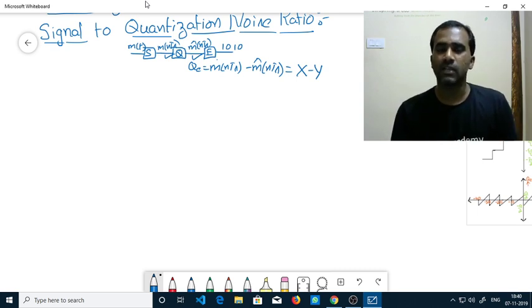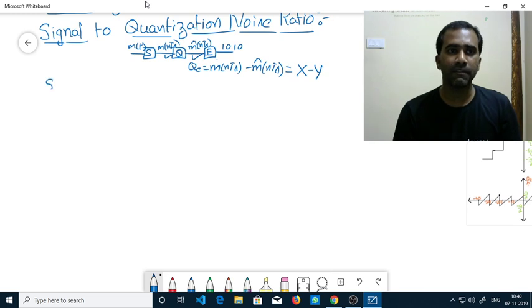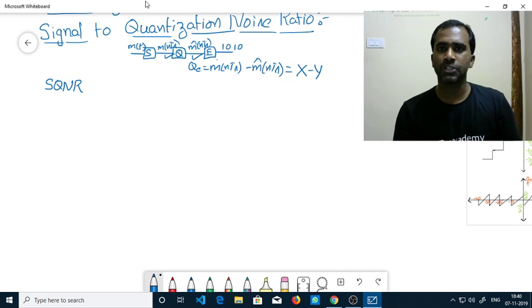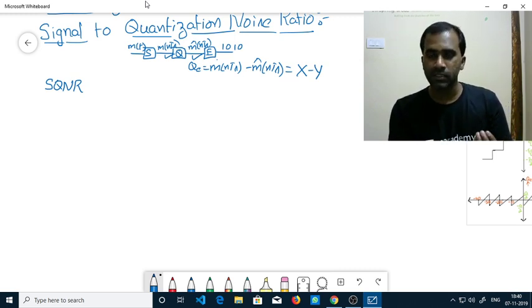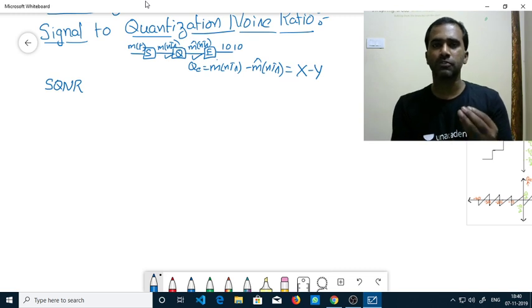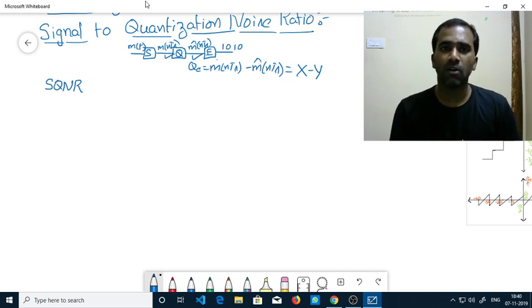Okay, whenever there is noise or an error, there is a parameter to measure the quality. Because of this quantization error, quality is definitely reduced, and how much it is reduced we can measure very well using SQNR. SQNR means signal to quantization noise ratio. For normal noise also, quality reduces, and how much the quality is reduced because of noise, we measure using a parameter called SNR, signal to noise ratio.